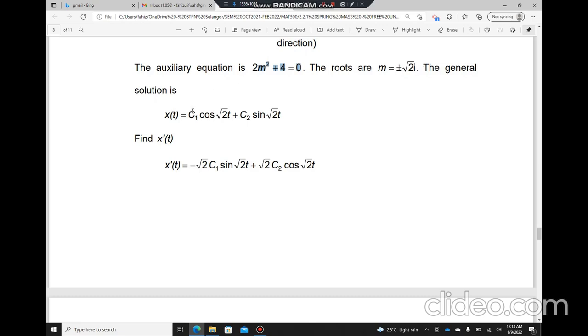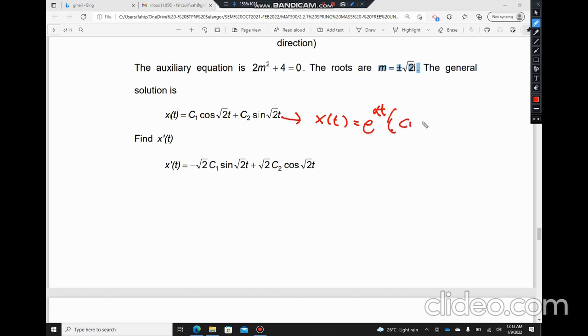So the general solution, bila M kita dalam bentuk conjugate number, so kita akan dapat C1 cos square root 2t plus C2 sin square root 2t. Kita just masukkan nilai yang ni dalam general solution. General solution kita adalah x(t) equals to, so yang ni kena refer balik chapter 4. Ingat balik tak?